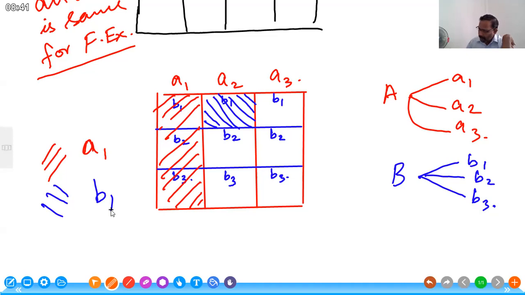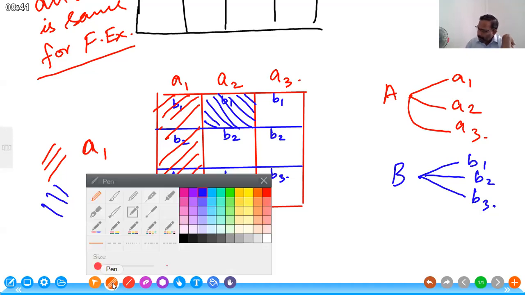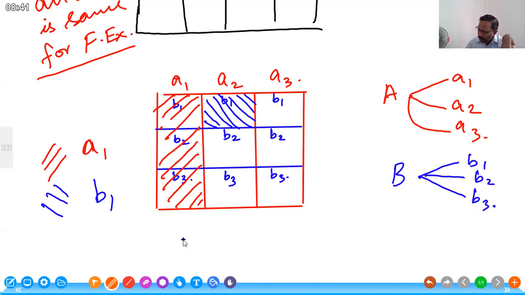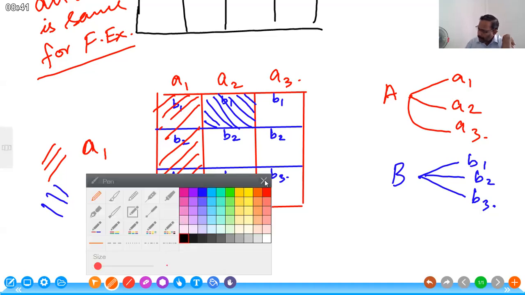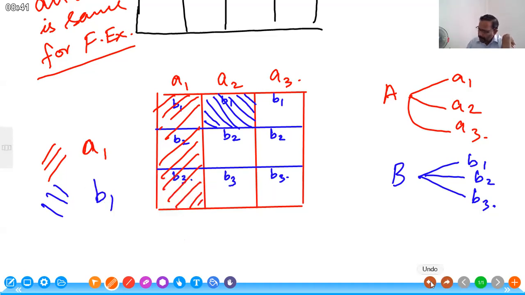What about the third one? We'll use another color. What is the plot of the combination, A3 and B1, for example? Because I can color it out. Show me, what is A3, B1?